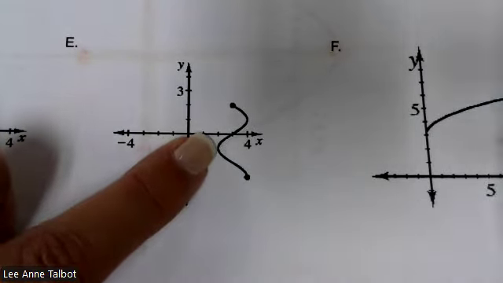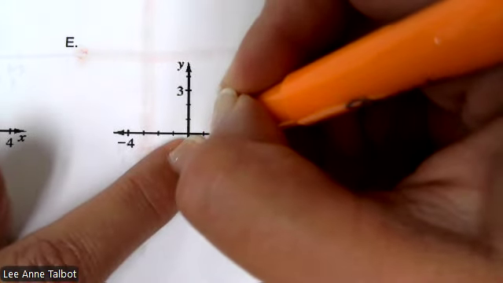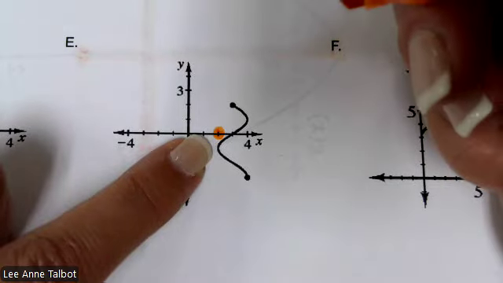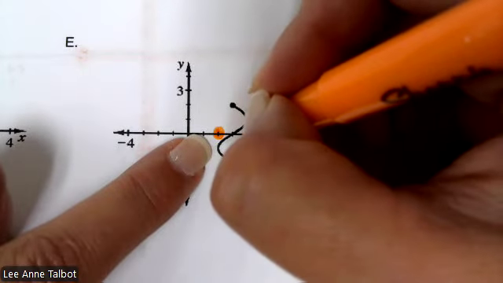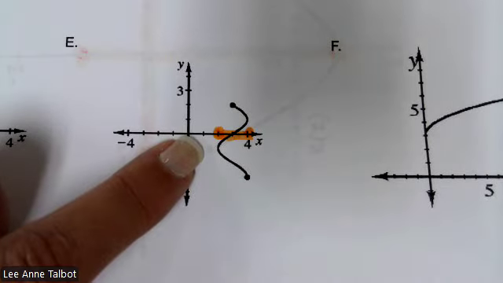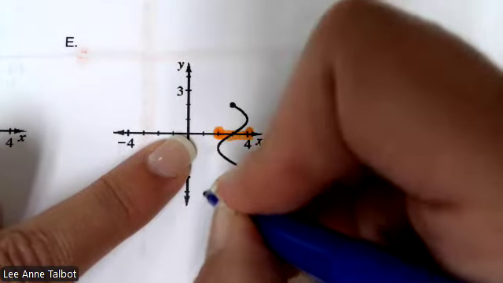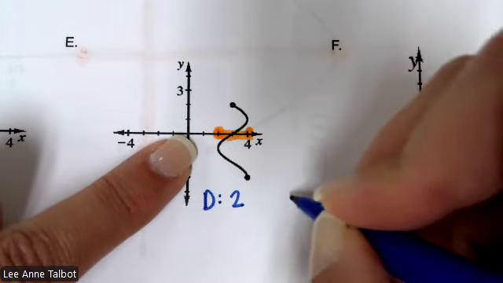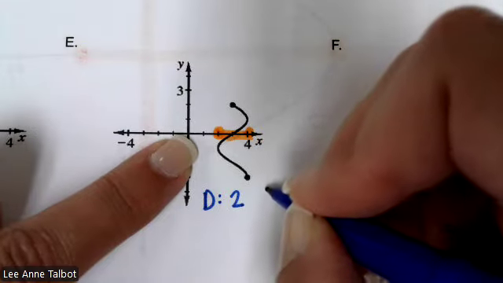Okay, so the very left of this one is right here. And the very right of this one is right here, in between these little spots there. So the domain goes from 2 to 4.